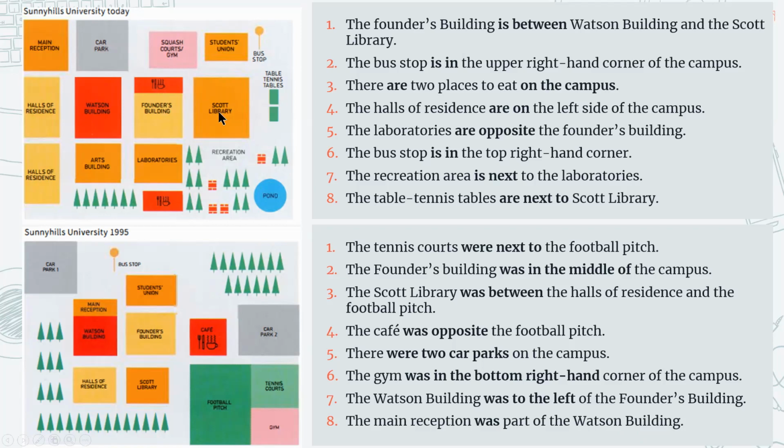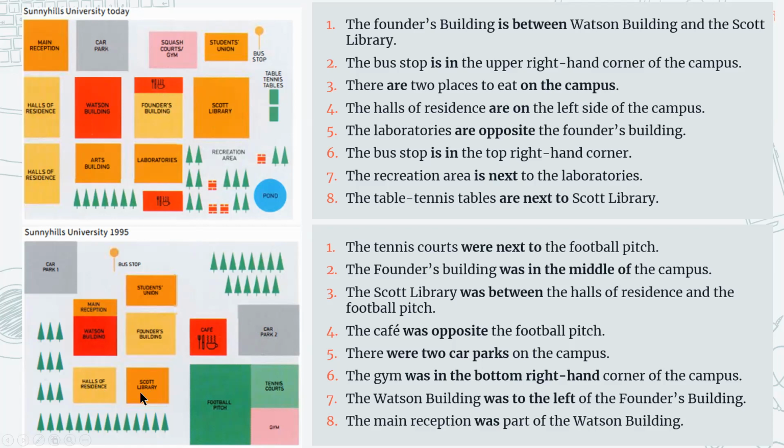Okay. The Scott Library was demolished, and actually no, the cafe and the car park too. They were replaced with the Scott Library, which was here, opposite to the halls of residence.